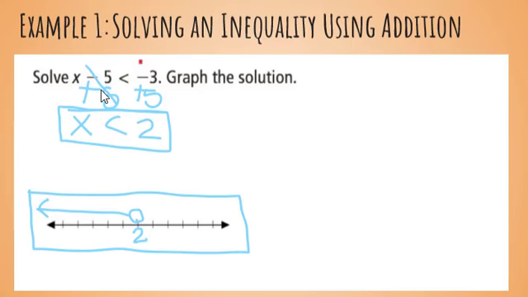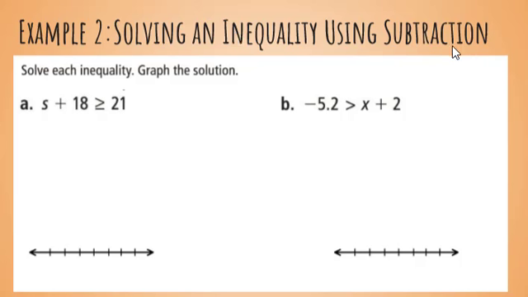Okay, so example 2 is solving an inequality using subtraction. We're going to look at this first example here. We have s plus 18 is greater than or equal to 21. Again, we're solving for this s. We're going to start by doing the opposite operation of this positive 18 so we can move it to the other side, so we're subtracting the 18 from both sides.